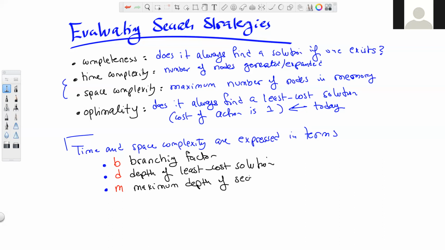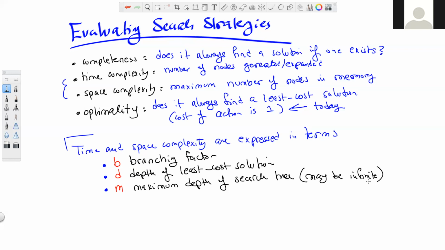This, as we know, could be infinite, depending on the problem and on how we generate the search tree. Very good. So these are the 3 parameters that we're going to use, and we're going to introduce one more later for something more specific.